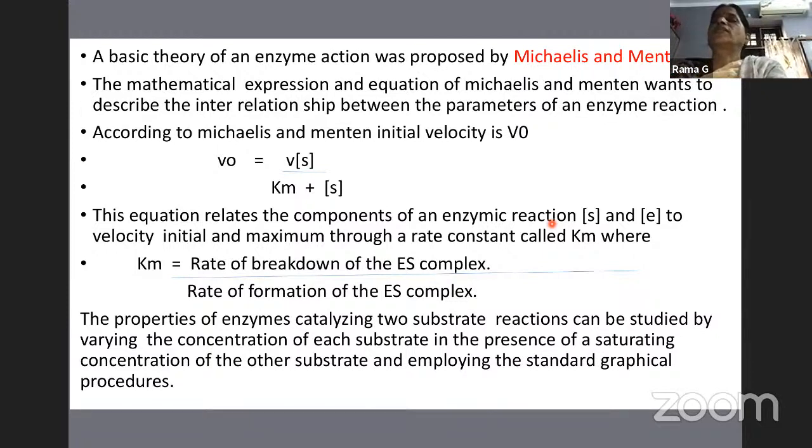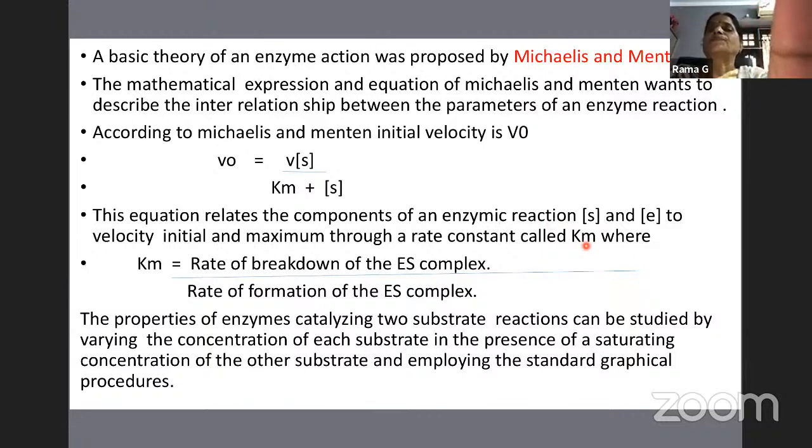What are the components of enzymic reactions? There are the substrates and enzyme, and their velocity at the initial stage of this chemical reaction. That means at the starting point of a reaction, what is the velocity of all the components which participate in that reaction, and maximum, through a rate constant called Km.